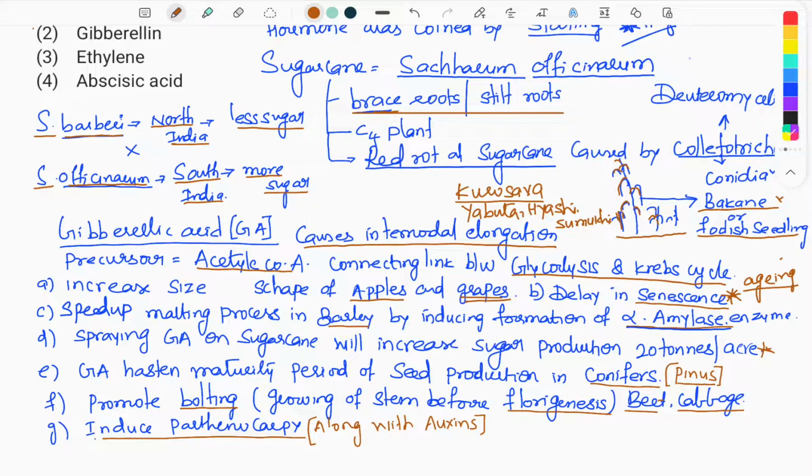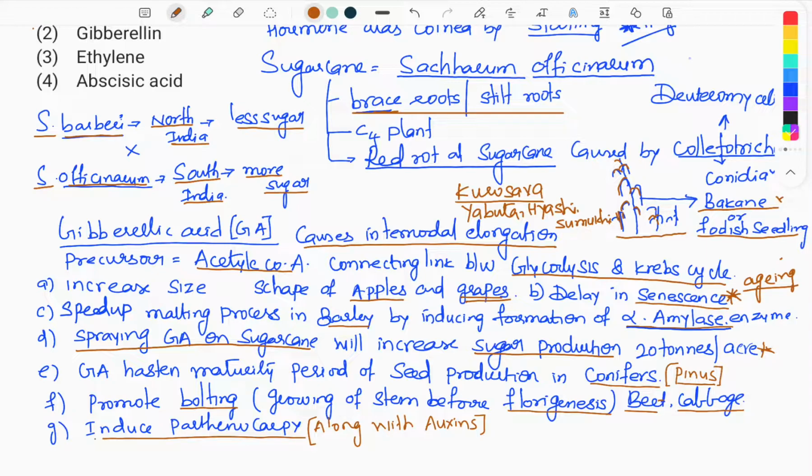It is one of the processes used industrially. Spraying gibberellic acid on sugarcane will increase sugar production. We know that in sugarcane, the stem is the economic part. Sugar is obtained from that stem. So when you apply gibberellic acid over the sugarcane plant, naturally it causes internodal elongation, that is, stem elongation.